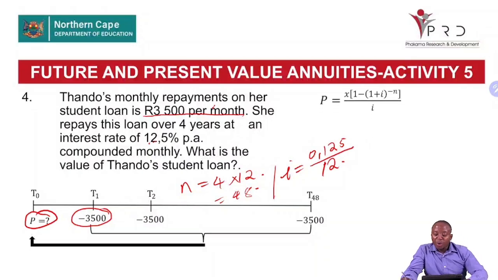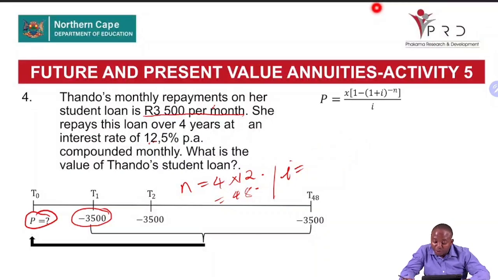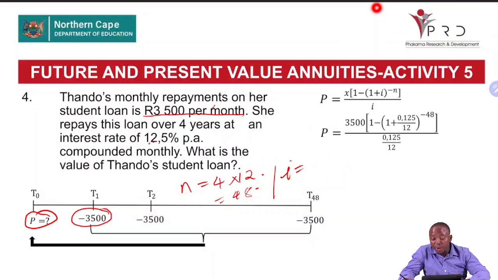What do we do now? We quote the present value formula, we write it down. After we write down the present value formula, we substitute into it: 3,500, open bracket 1 minus 1 plus I, which is 0.125 over 12, all raised to the power -48.